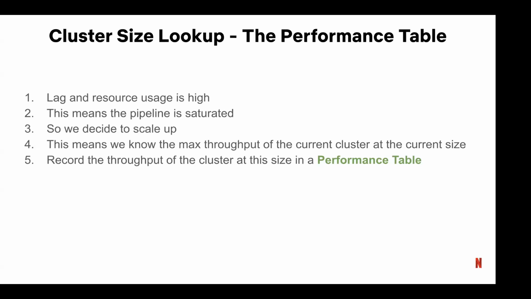It's a benchmark for the throughput of the router at that current cluster size. So that's really useful information that we can reuse for computing cluster sizes later through the performance table.